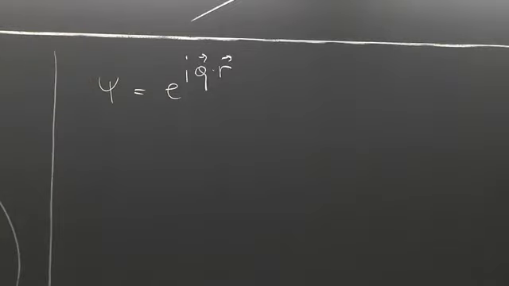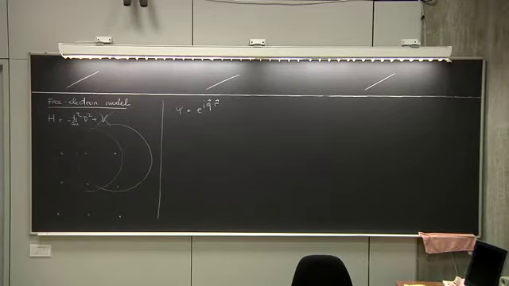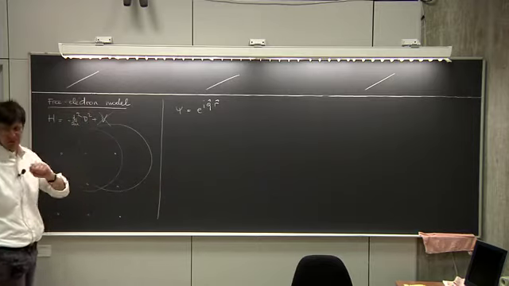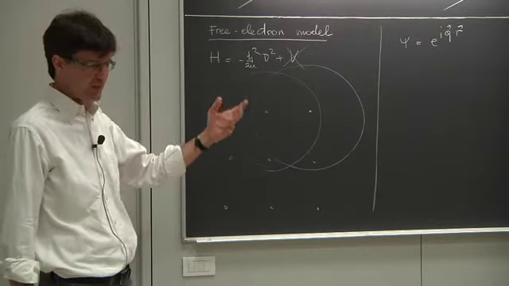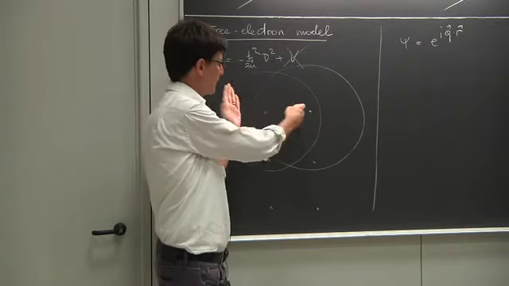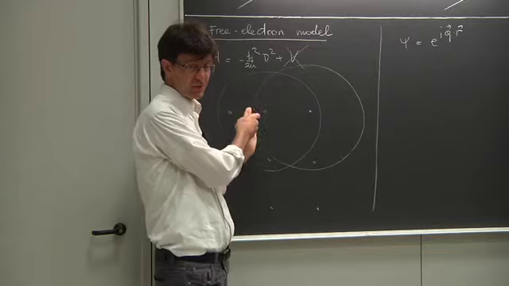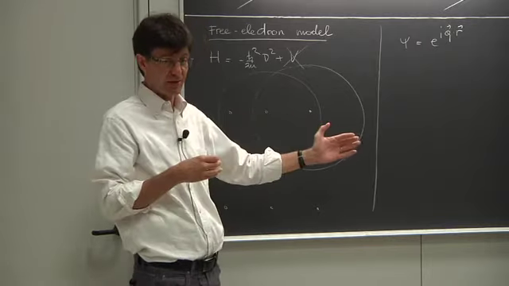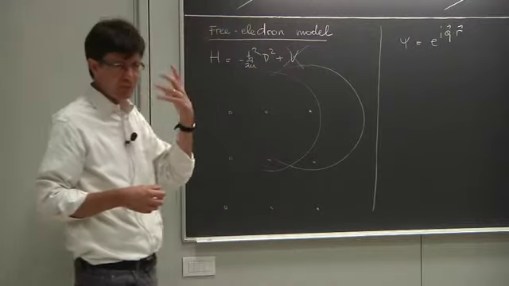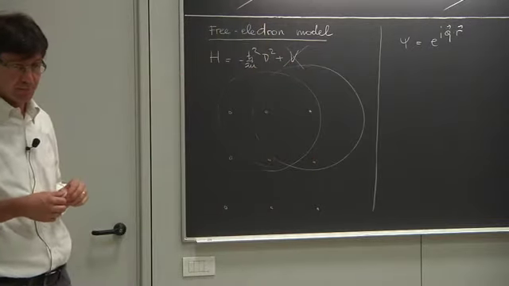Yes? How much is the length scale to take into account for the approximation to be good? This is almost never a good approximation. It's really an extreme case that allows us to say something. I would say as soon as the extension of the wave function becomes comparable to the distances between atoms, comparable, not several times longer than that, then this approximation starts to be a good starting point to understand, at least qualitatively.